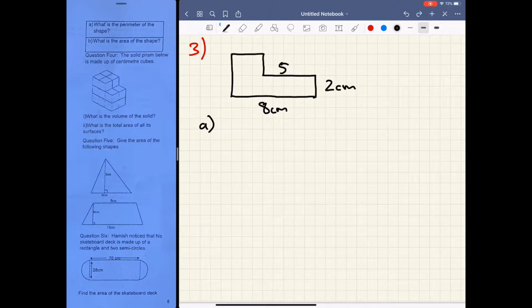So 2 centimeters, 8 centimeters, 5 centimeters, 2, 3, and 4.